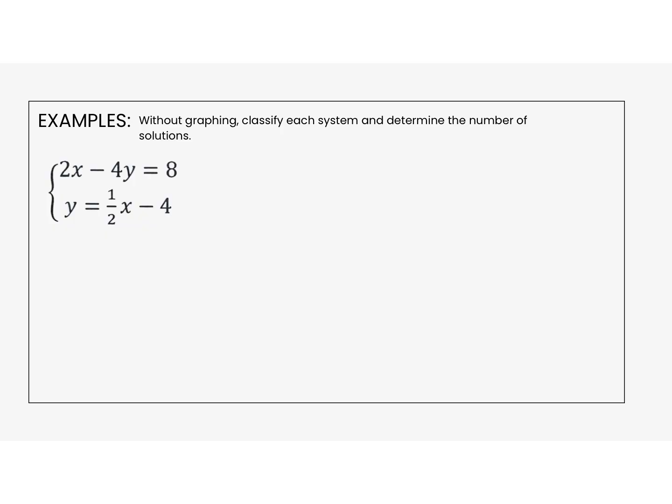So let's look at examples of how we identify that. Okay, so I'm going to start by getting both of these lines into slope-intercept form. So I'm going to take this first one and I'm going to solve for y. So subtract 2x.